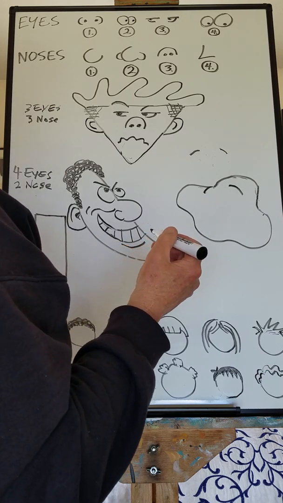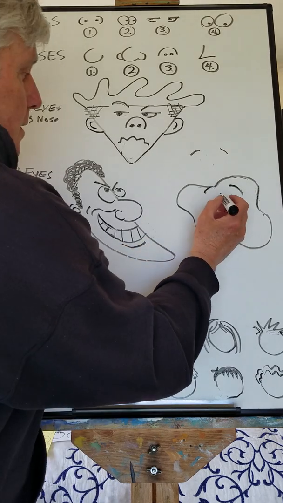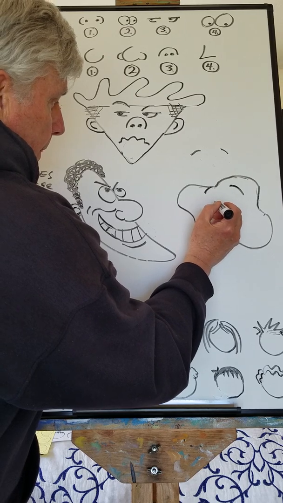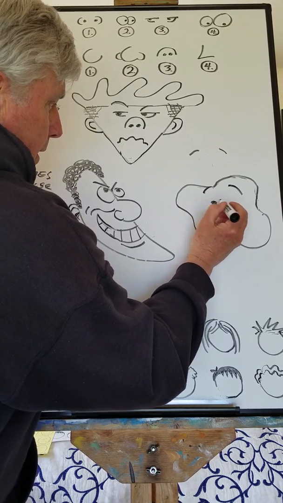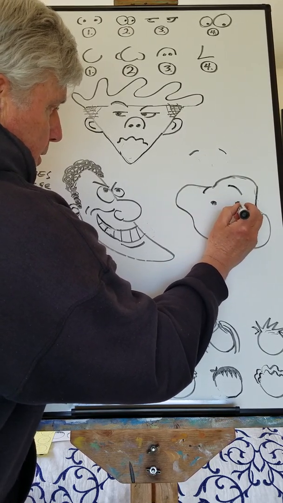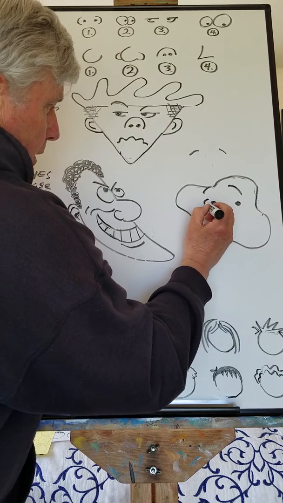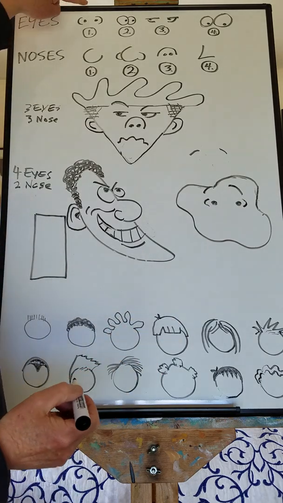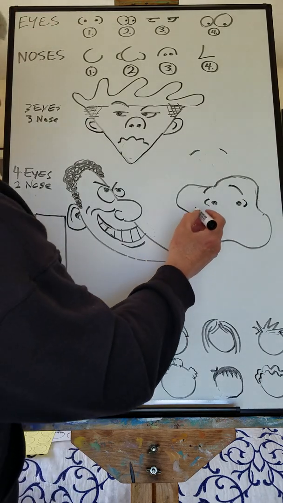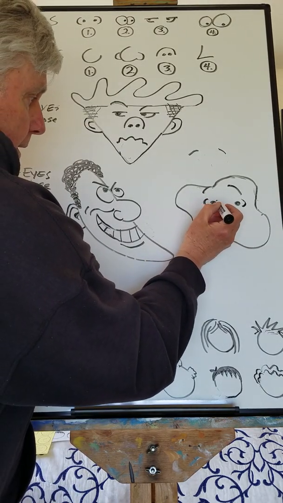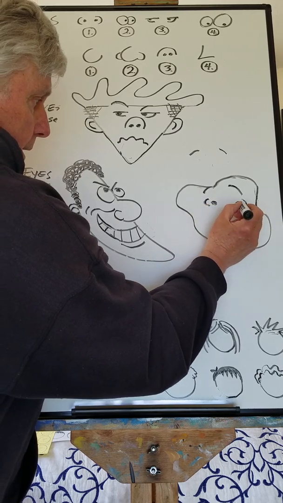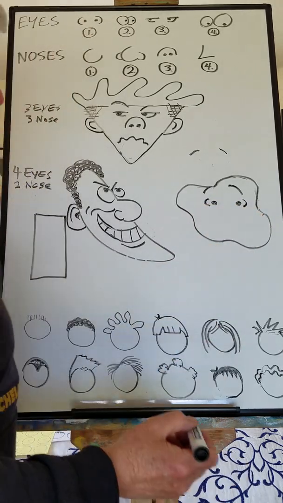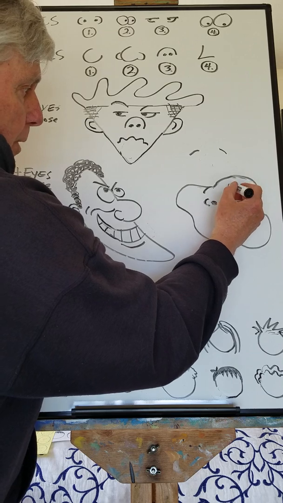And for the eyes on this one, let's put them over here, a little bit more spaced out than we have before. So this is number 1 eyes up here. And you just make a C, and then a dot, another dot, and then a reverse C. And here's the eyebrows.